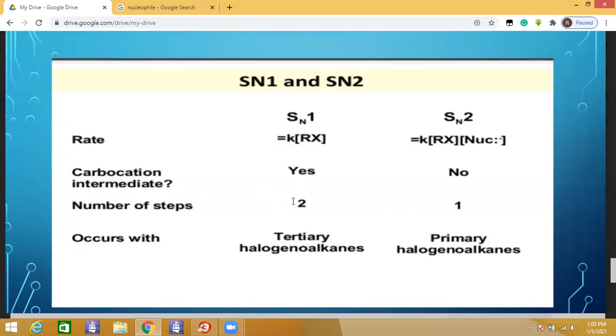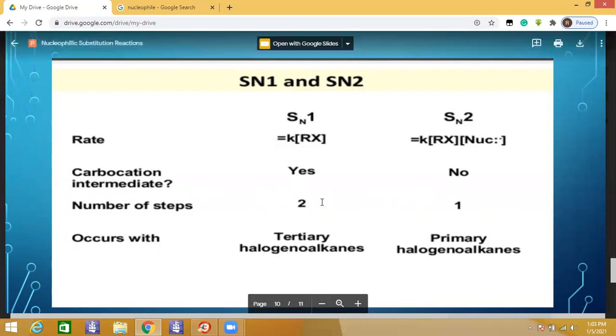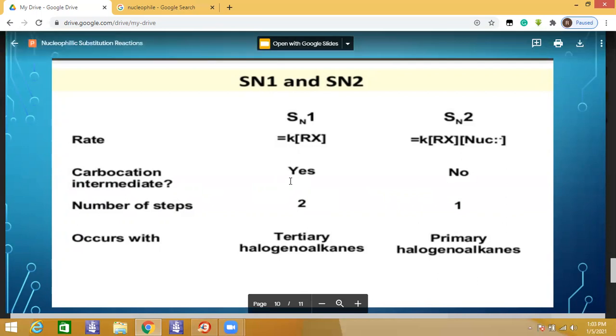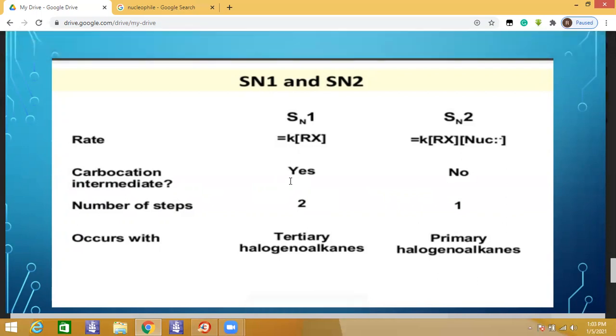The polar solvent, due to its high dielectric constant, helps in separation of charges, so that in the first step we can make the carbocation. Polar solvents are more effective in solvating the ions in the SN1 reaction by forming hydrogen bonds and so on. So it will favor the SN1 reaction.